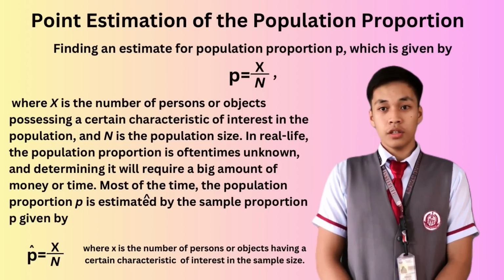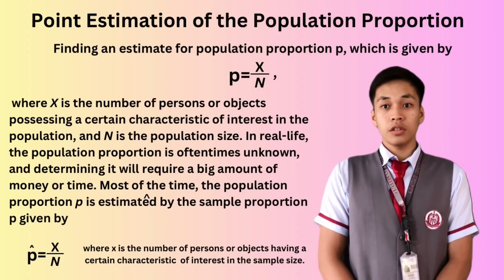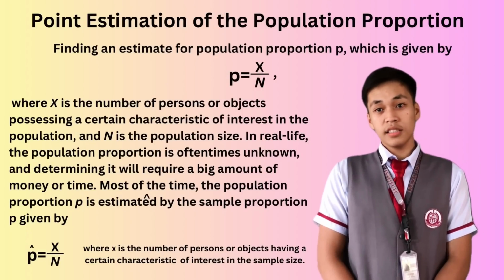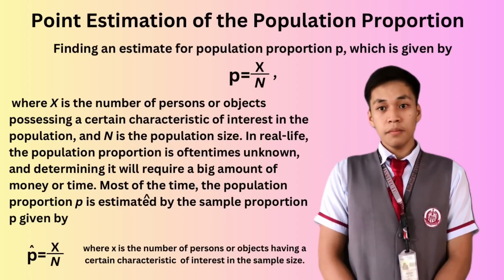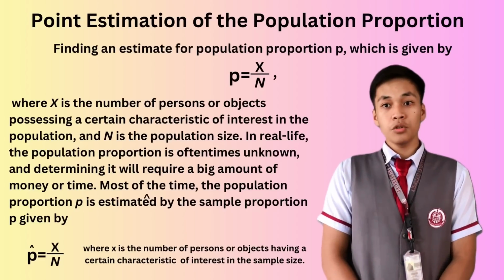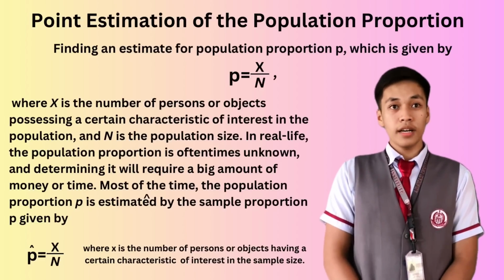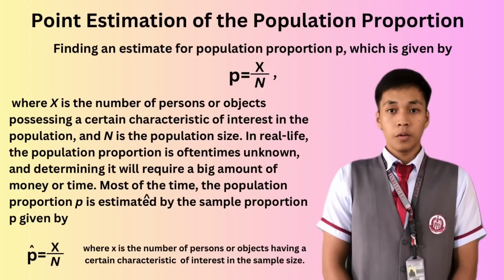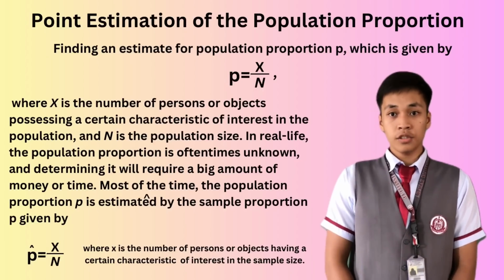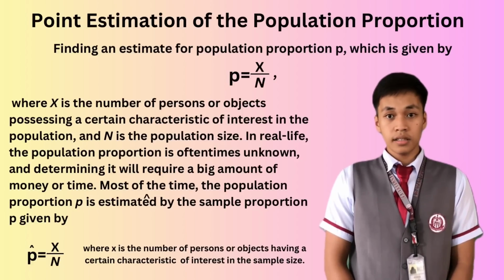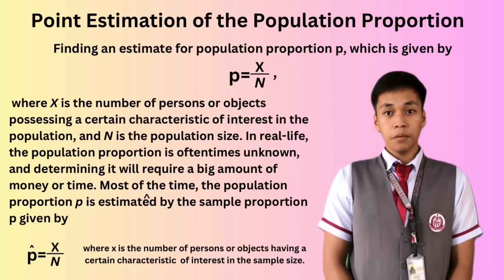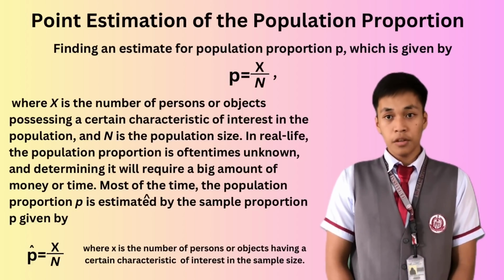Point estimation of the population proportion. The activity under statistical investigation guided you in finding an estimate for the population proportion P, which is given by P equals X over N, where X is the number of persons or objects possessing a certain characteristic of interest in the population, and N is the population size.